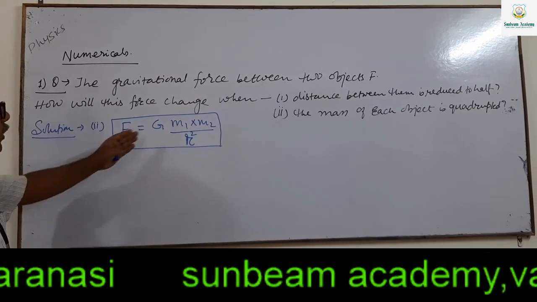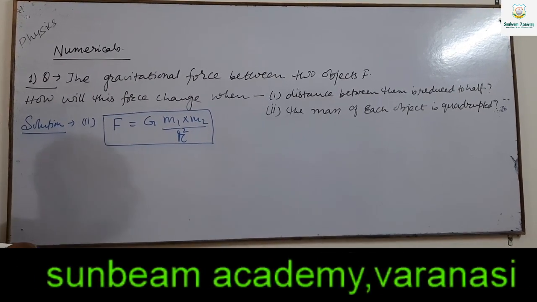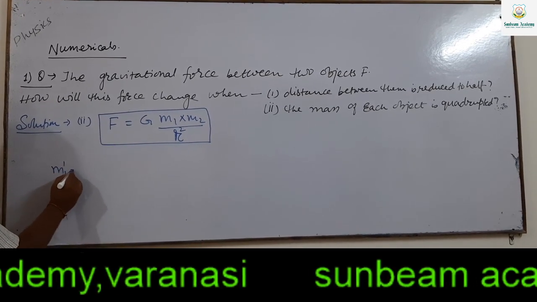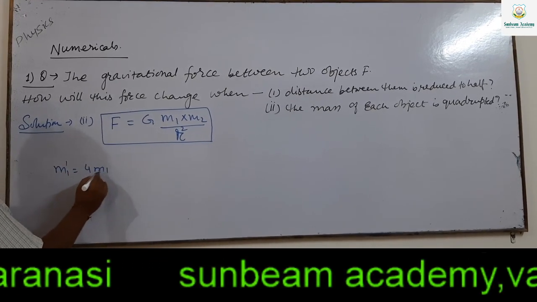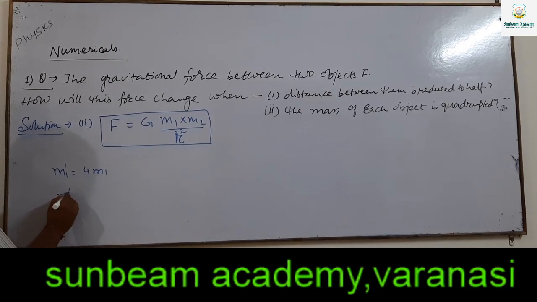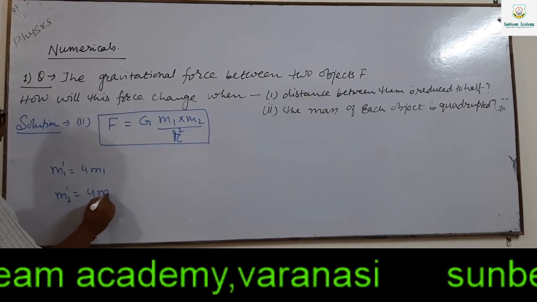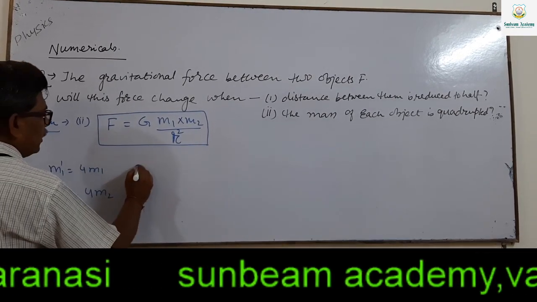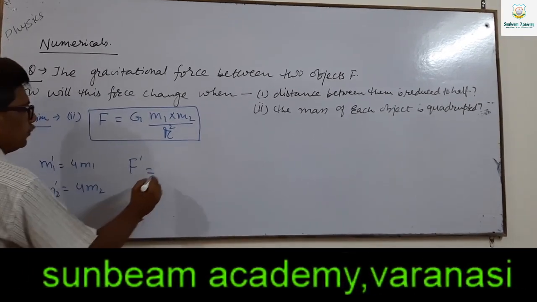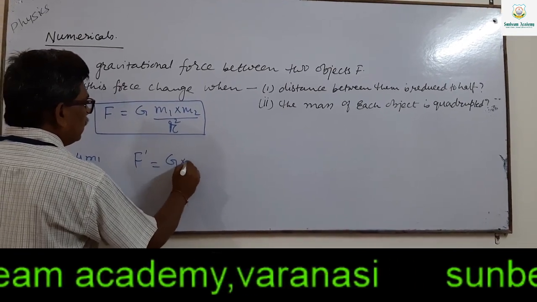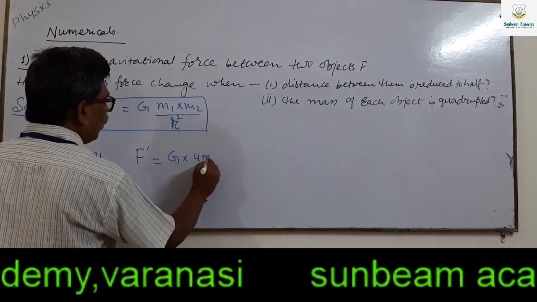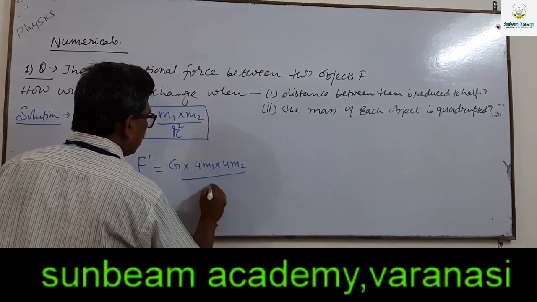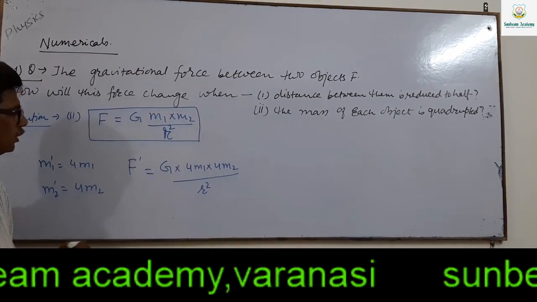You know that F is equal to G m1 into m2 upon r square. Now m1 dash is 4m1, m2 dash is 4m2. Now, in this case, F dash will be G into 4m1 into 4m2 upon r square.